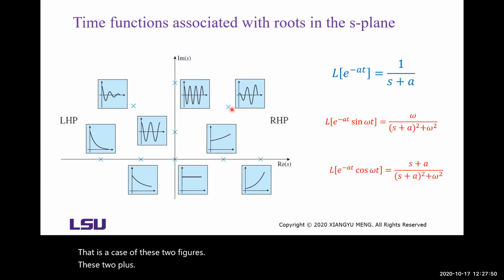Then if the complex roots are in the right half plane, then it is a growing exponential function times sine function or cosine function. That will be this case.